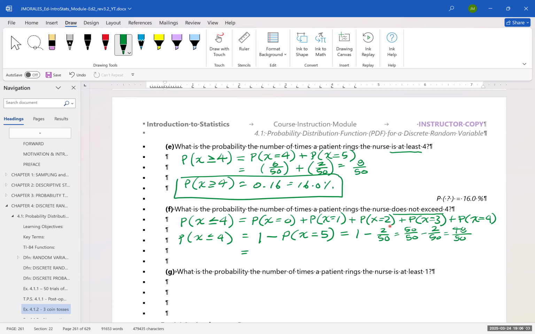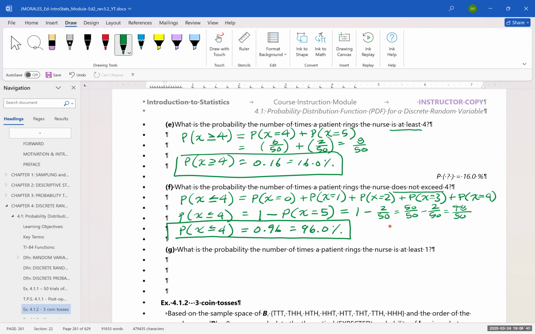And that comes out to 0.96 or 96.0%. So this is the probability that the number of times does not exceed 4.